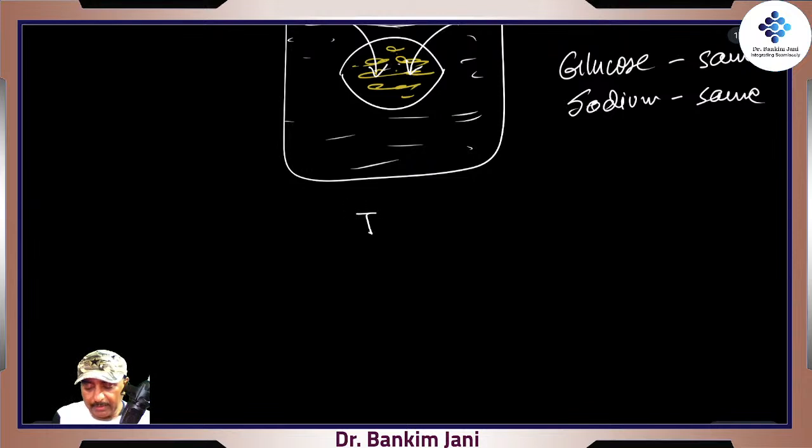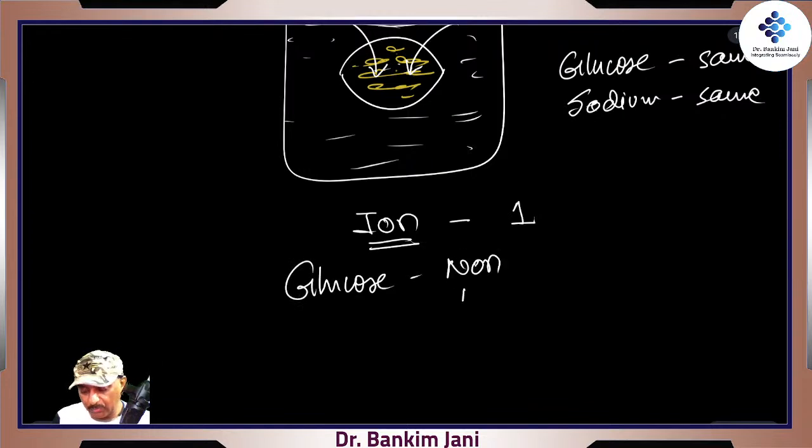So it is the ion. Ions are calculated. One ion, that is 1, right? Say glucose. Glucose is non-ionic, right? Glucose is a stable one. So it will be considered as 1 osmole. 1 osmole, that is the unit.